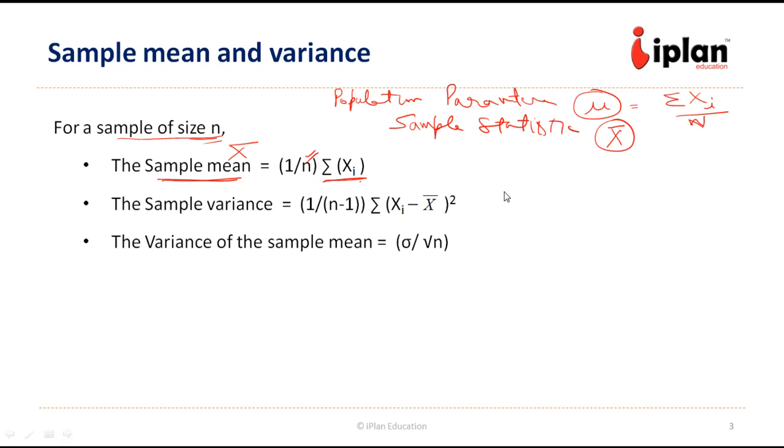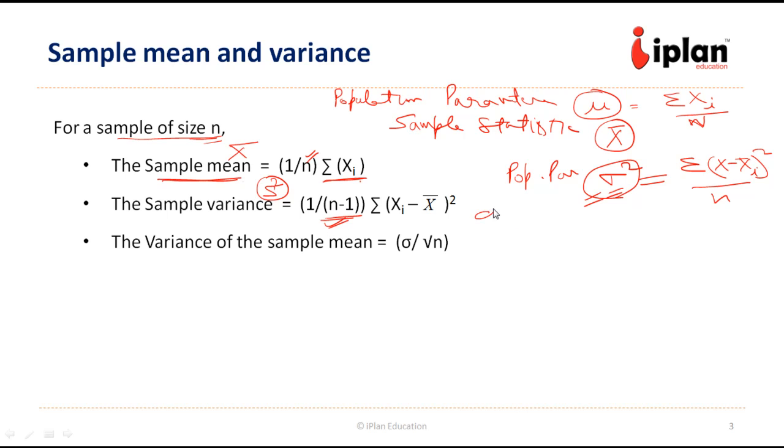Similarly, we know for the variance, the population parameter variance, which is represented by sigma square, is summation of x minus xi, all the elements, the difference, then the square divided by n. So this is population parameter, which is population variance in this case. But when we talk about the sample variance, s square, there is a difference in the formula. As we can see here, instead of n, we are using n minus 1 here.